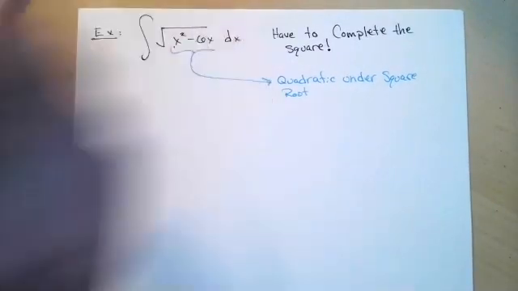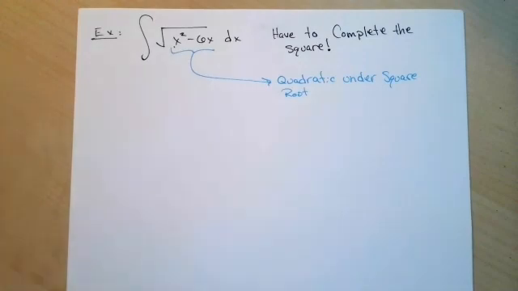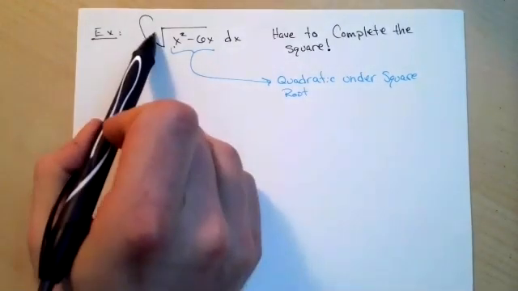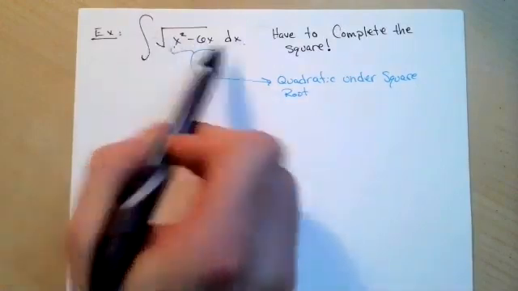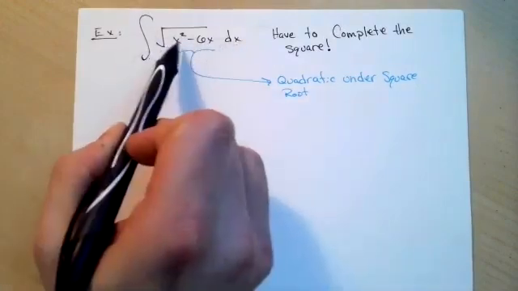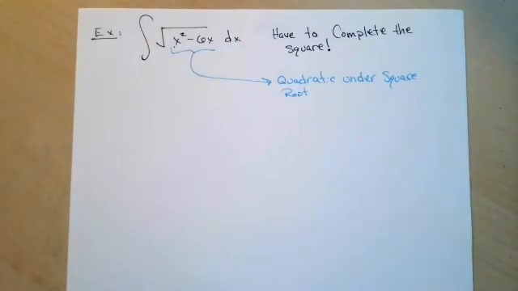You might actually get a 2x out. But in any case, we can't make a u sub because there's nothing outside of the square root that would substitute out the differential. So we can't make a u sub for whatever is underneath the square root. We can try a trig sub. The problem is that we've got to do some fancy manipulation.